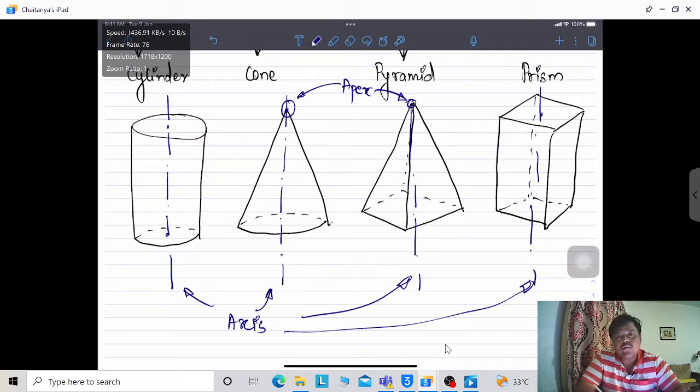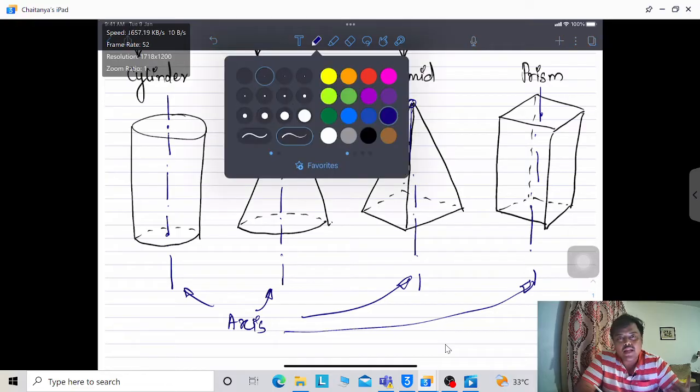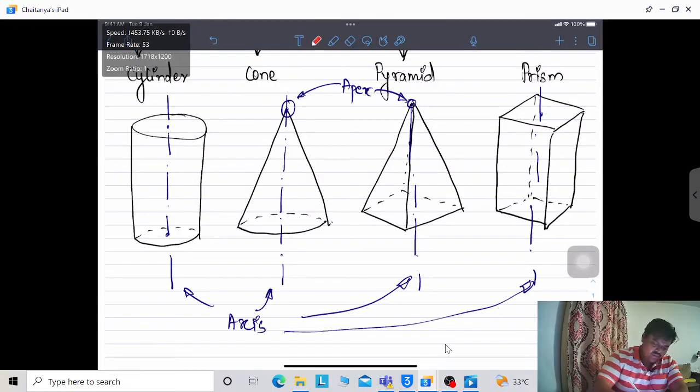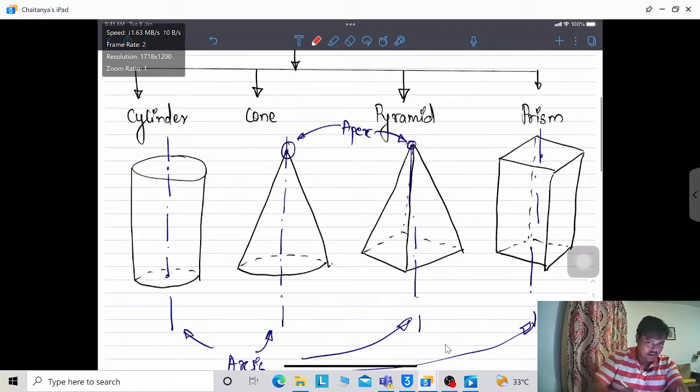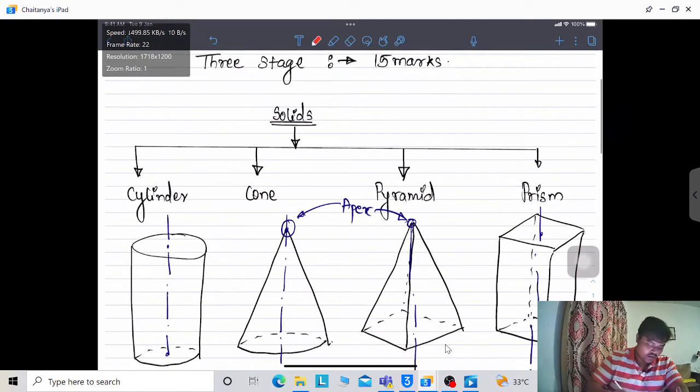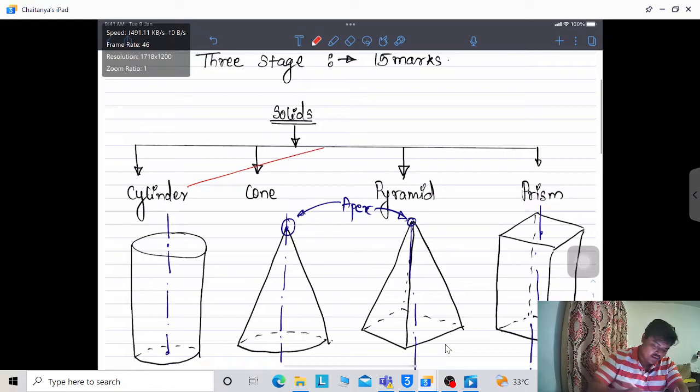Now the second thing to know about the solids is the marks.